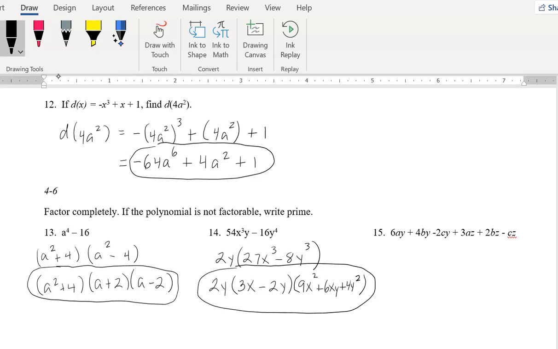Okay, number 15, I just want to know if you can do factoring by grouping. So this sets up really nicely. The first three terms have a GCF, and that would be y, and the next three have their own GCF, and that would be z.